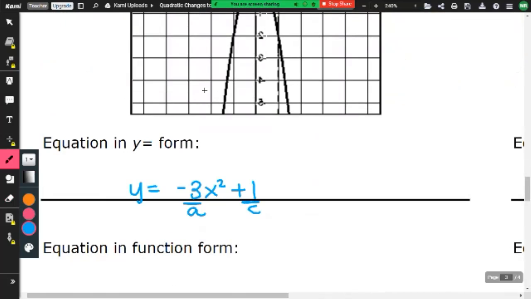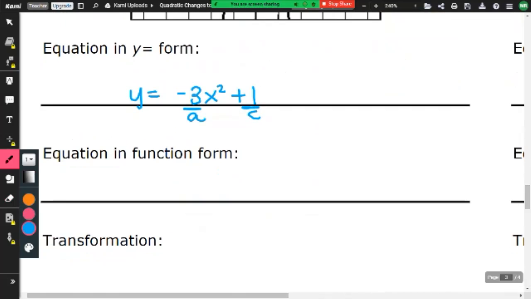The plus 1 represents C. Okay, let's try writing this in function form. What is the name of the new function? H of x. So h of x equals. -3 will stay the same. X squared will be replaced by what? F of x. And bring down the plus 1.